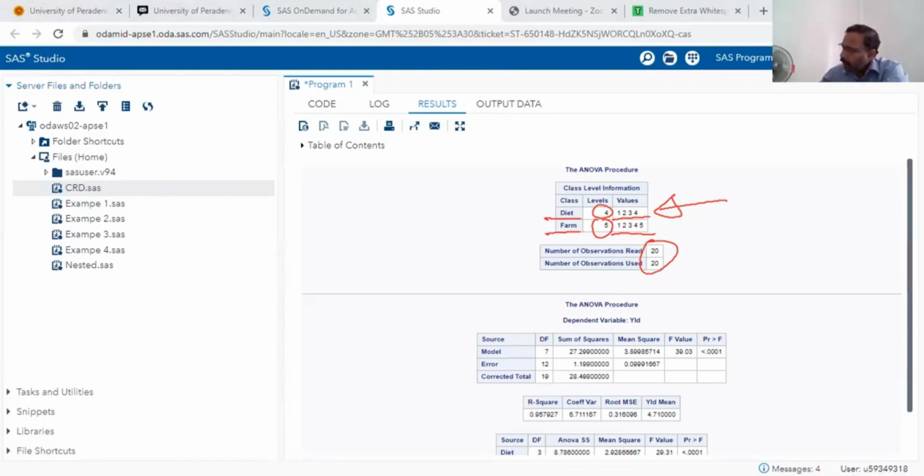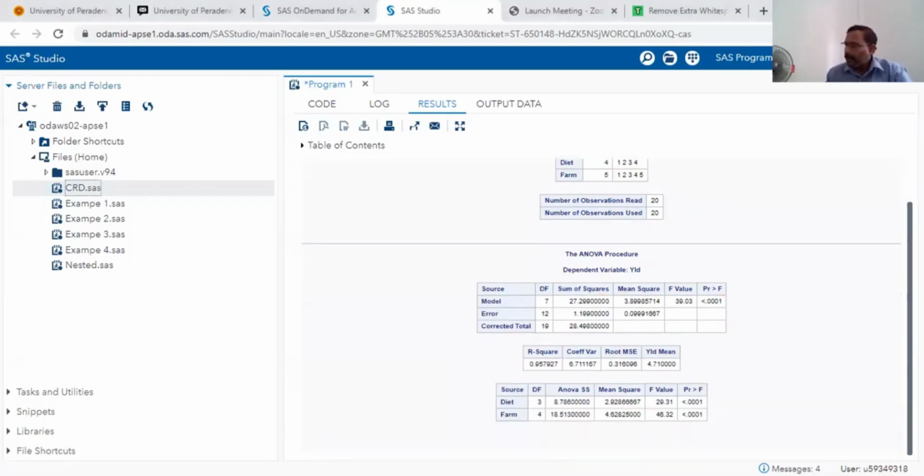Now, not like CRD, in RCBD you see here the model statement, the model information. This model information is actually expanded here.